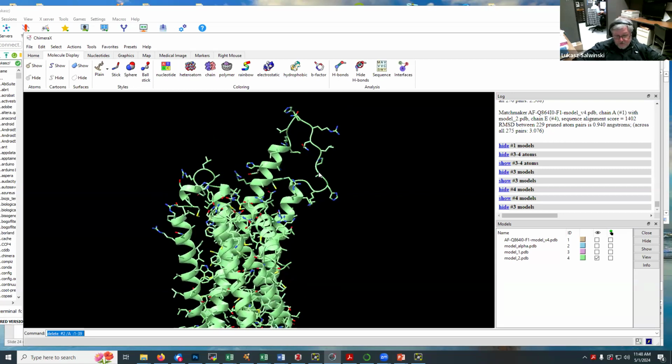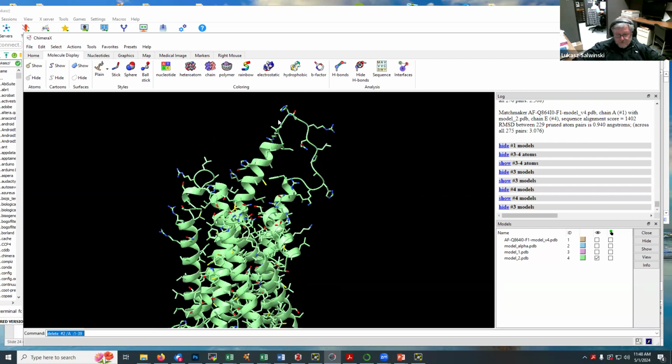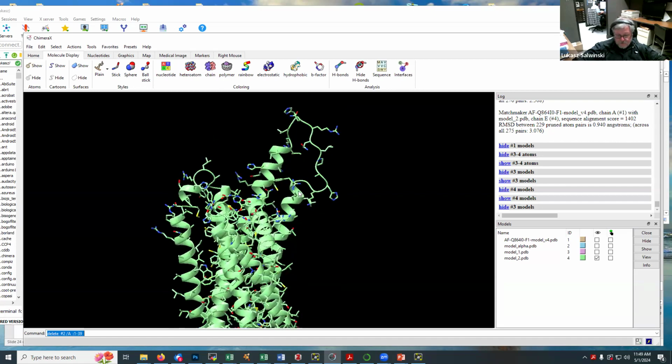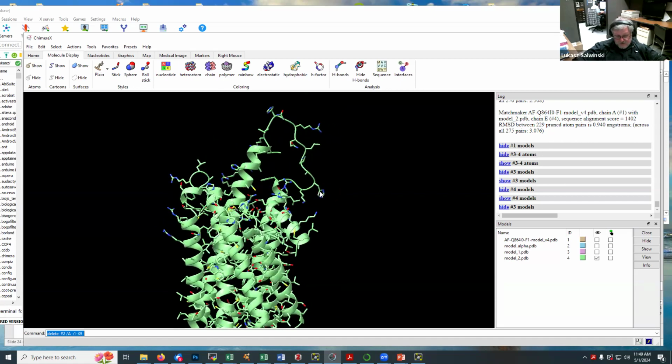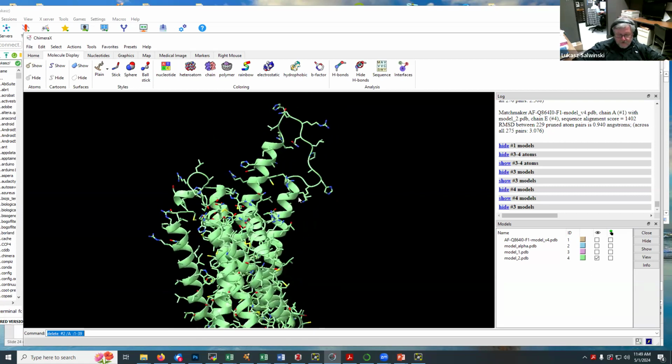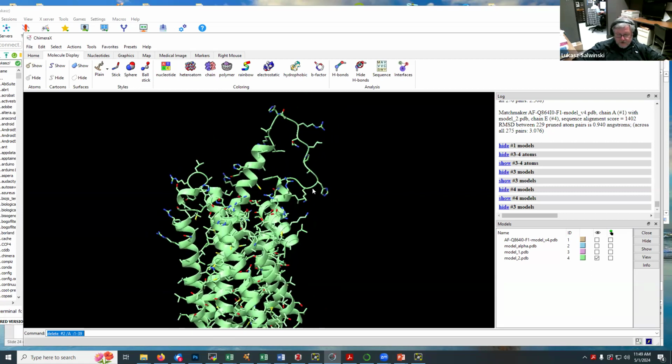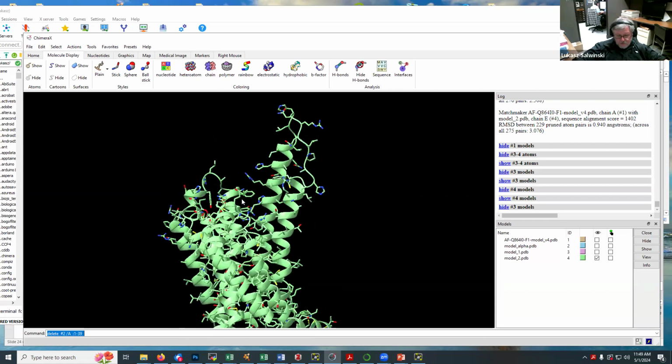The problem with this loop, though, is that this particular part seems to be completely disordered, which doesn't look right. We'd expect to have all the loops packed in some sensible way, but it could be that this particular region is participating in protein-protein interactions or interactions of some sort with a ligand.